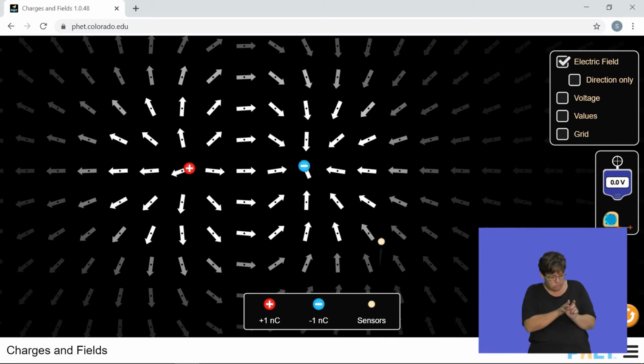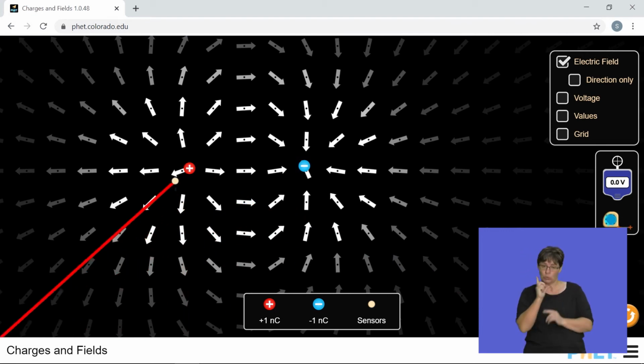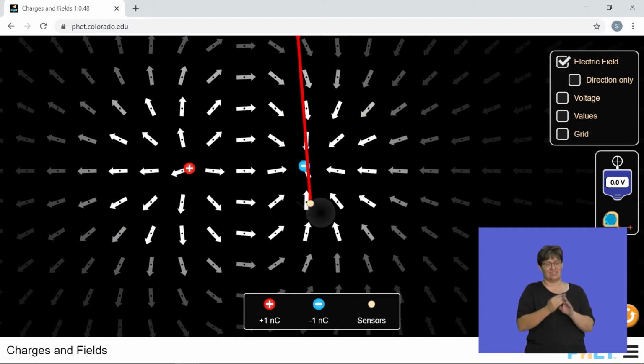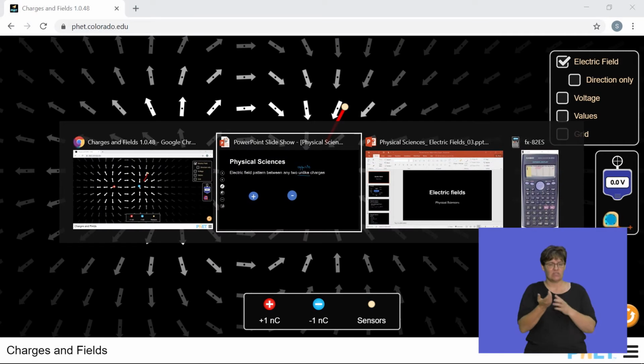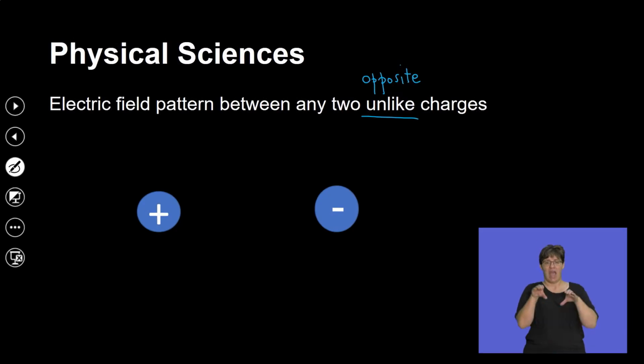Even if we take our sensor or our unit charge, you see it experiences a force towards the negative, but always away from the positive. As we draw closer to the positive, you can see the force experienced by that unit charge is actually away from the positive towards the negative. Towards the negative, we are consistent with that, right? So this is just a demonstration of the interaction of 2 opposite or unlike charges.